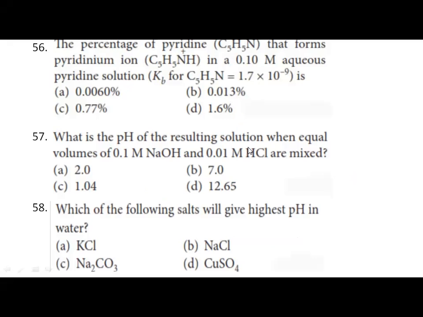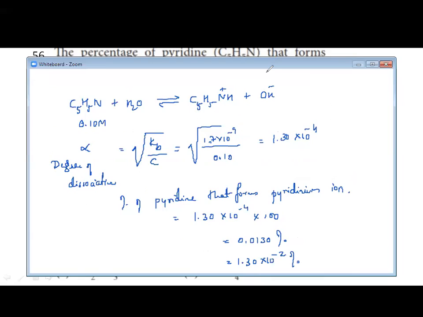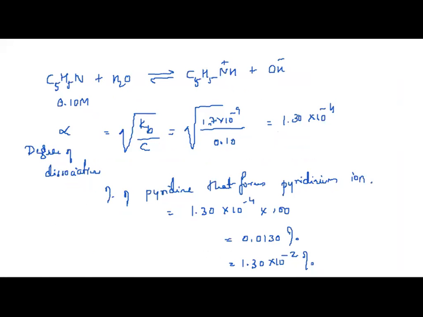What is the pH of the resulting solution when equal volumes of 0.1 molar NaOH and 0.01 molar HCl are mixed? Okay, they have said equal volumes, so we have to consider equal volumes. Let us take it and solve it.